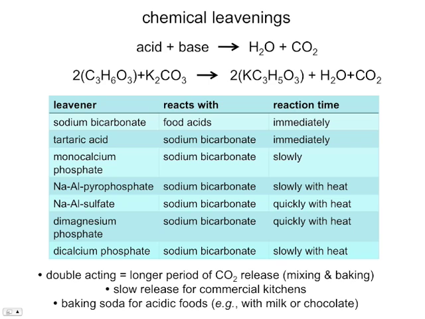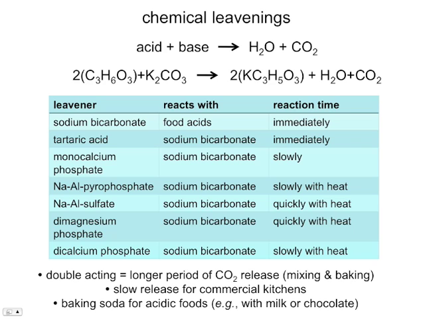So let me restate that. That's important to remember as we move into other activities later this semester. We can use sodium bicarbonate or baking soda as our leavener, but we have to remember that we need to have some organic acid already present in the food in order to provide the sodium bicarbonate a partner to react with.